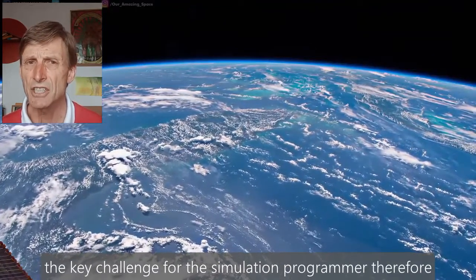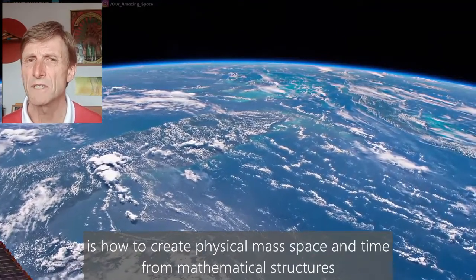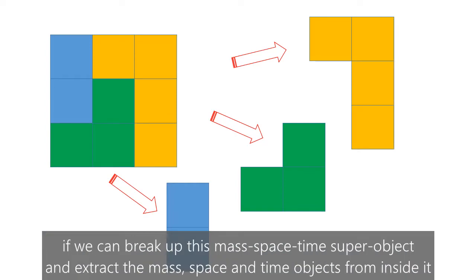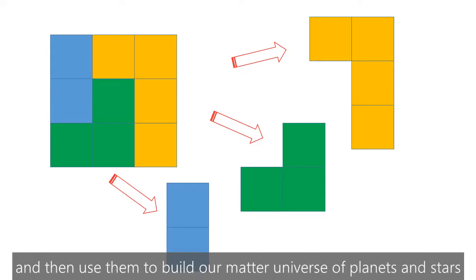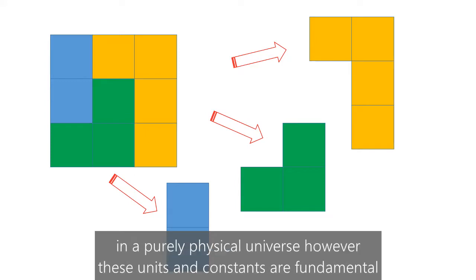The key challenge for the simulation programmer, therefore, is how to create physical mass, space, and time from mathematical structures. If we can break up this mass, space, time super object and extract the mass, space, and time objects from inside it and then use them to build our matter universe of planets and stars, then we can build a physical universe from mathematical objects.